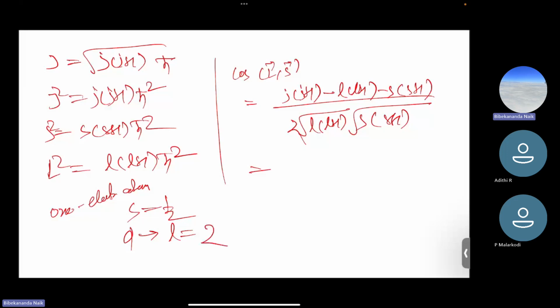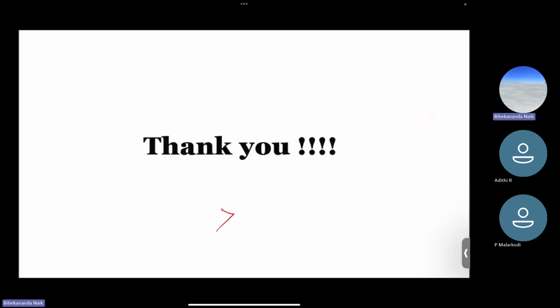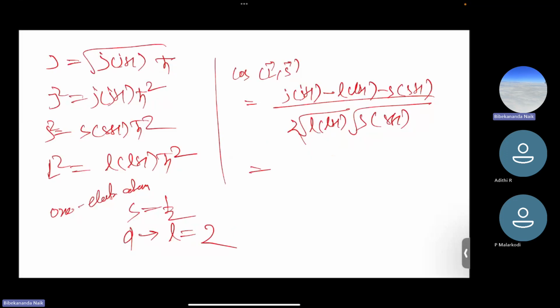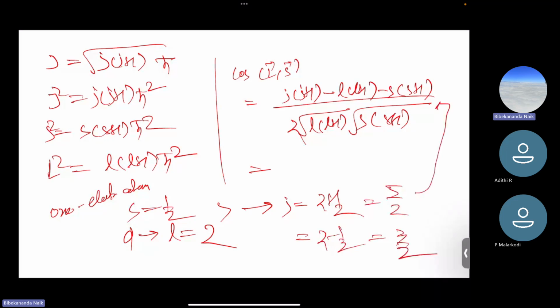Corresponding to L equal to 2 and S equal to half, J equals 2 plus half, 2 minus half, so 5 by 2 and 3 by 2. For one case we put J equal to 5 by 2, and for the other J equal to 3 by 2, and calculate the angle between the L vector and S vector. Please put the values here, calculate, and tell me the values.